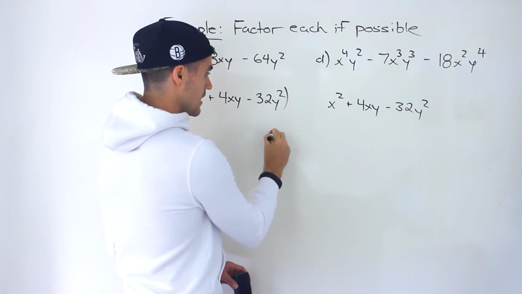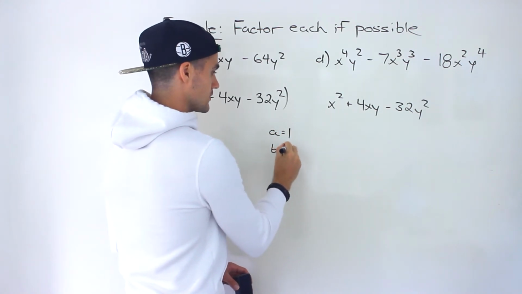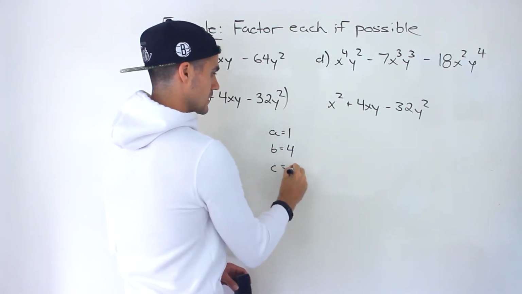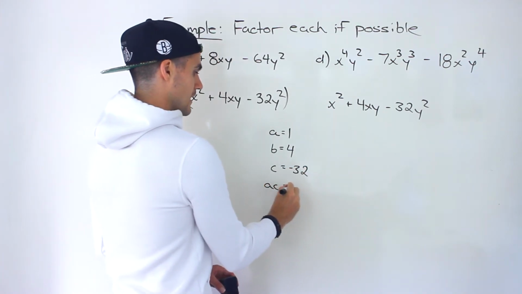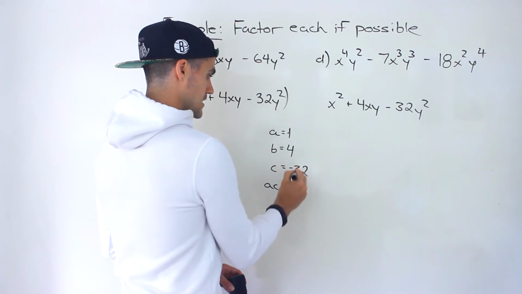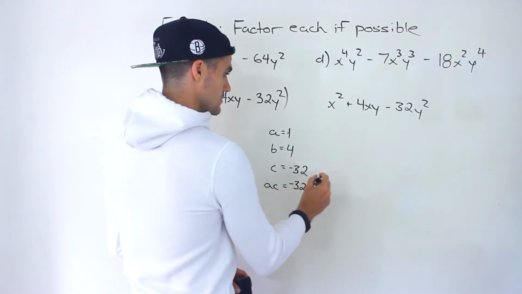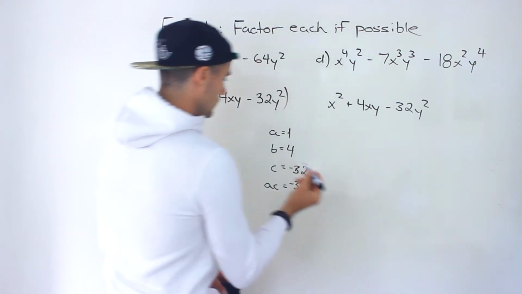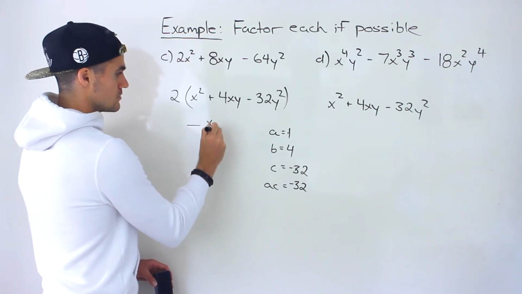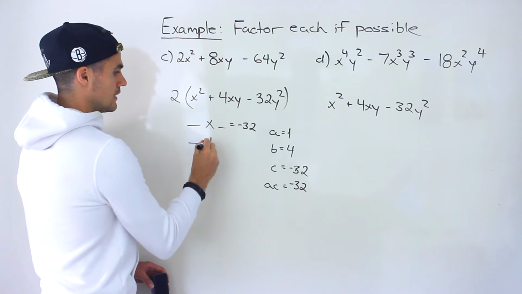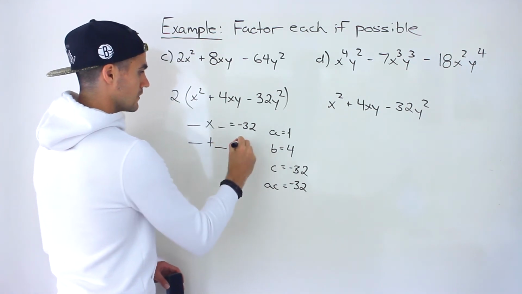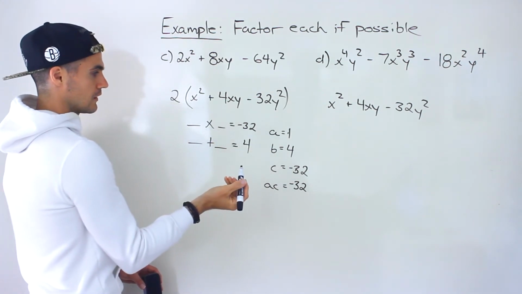So what's the process? A value is 1, the B value is 4, the C value is -32. The AC value is 1 times -32, which is -32. And then what we're doing, we're finding two values that multiply to the AC value -32, and then add up to that B value of 4, like that.